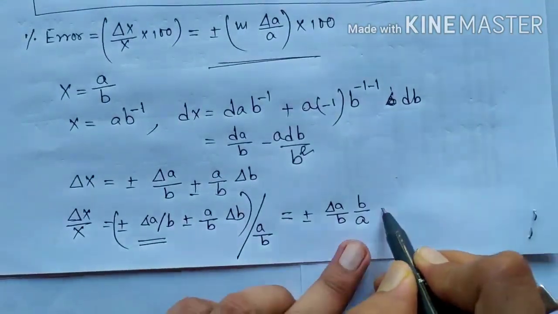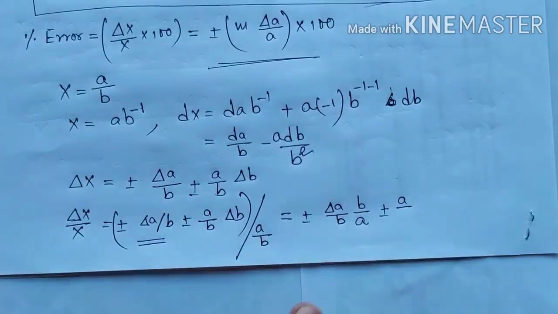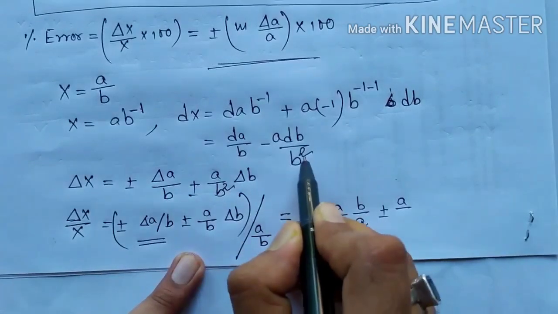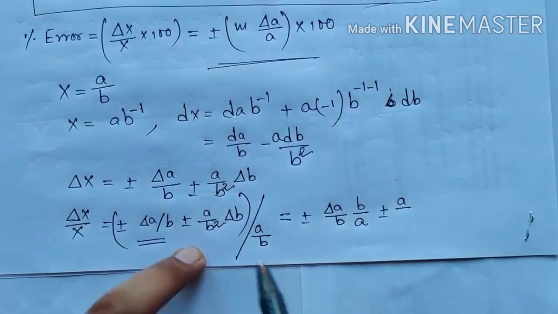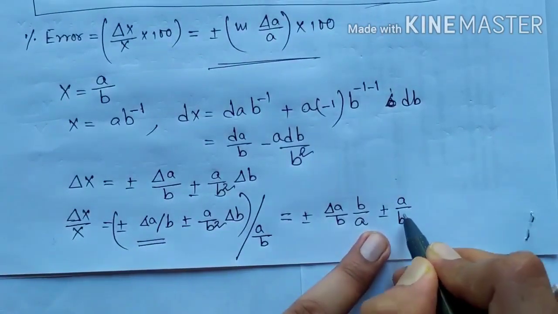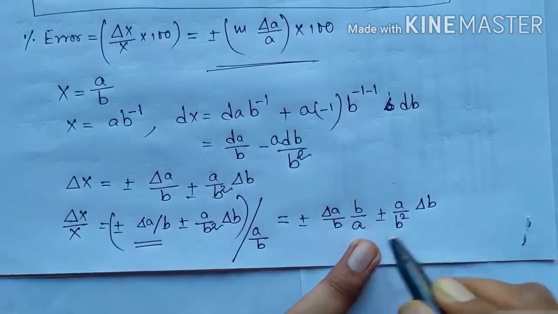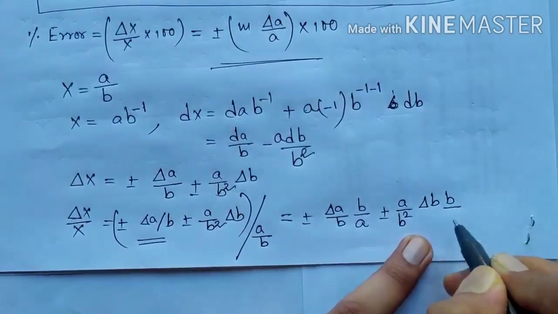Second term plus minus, sorry, here I will have B square. I forgot to put this square term here. This will be B square. So A by B square into delta B is already what I have divided by A by B. That means again it will be B by A.